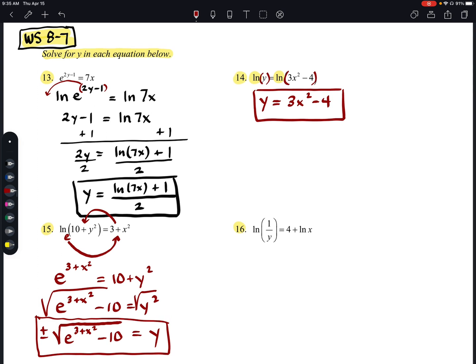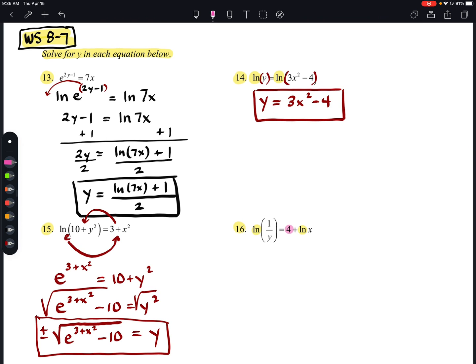Number 16, we have the natural log of 1 over y is equal to 4 plus the natural log of x. There's a couple approaches you could take with this one. I'm looking at the fact that I've got a natural log on one side and a natural log on the other, but we also have the constant term over here.